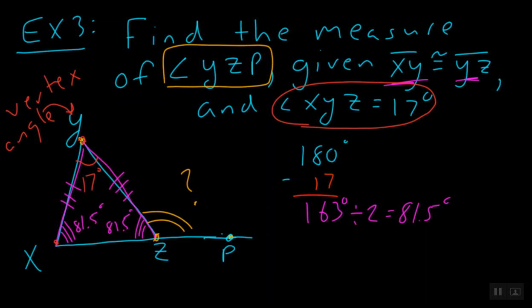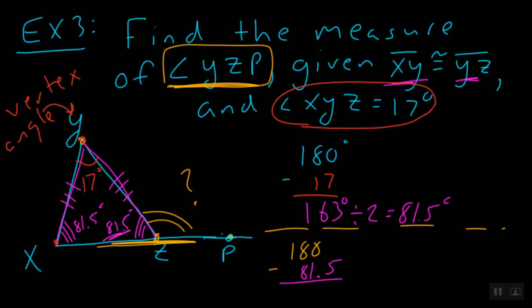Now from here, here's our very last thing. We are trying to find, in the gold, we are trying to find angle YZP. Well, notice that this is a straight line. That means that these 2 angles have to add up to, that's right, they have to add up to 180. So I can simply do 180 minus this angle that I found right here, this base angle, 81.5.